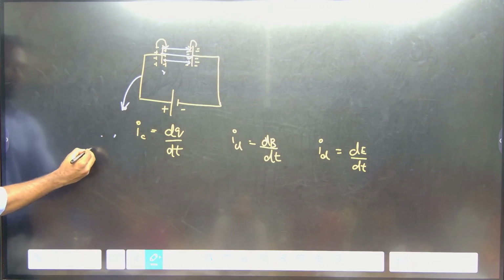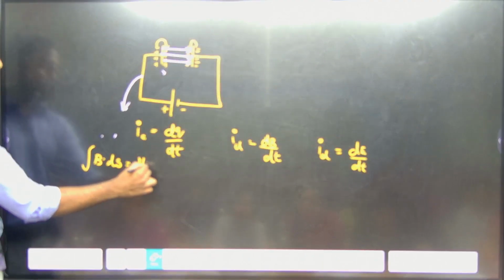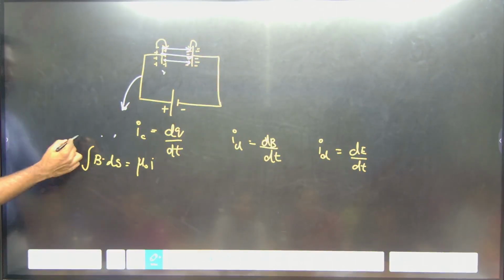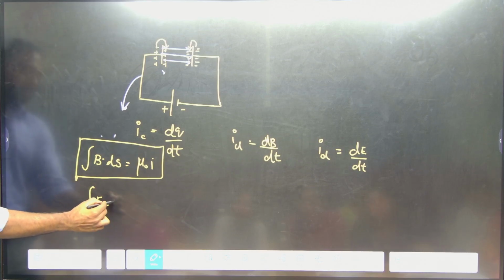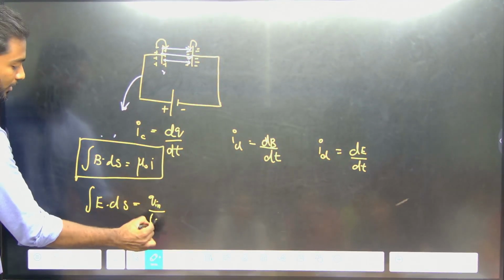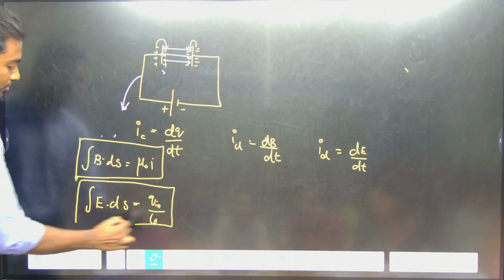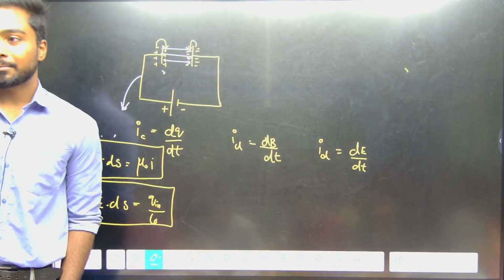It is integral of B dot ds equals mu naught I. This is Ampere's circuital law, and integral E dot ds equals Q in by epsilon naught. This is Gauss law. Take down the electric field and the magnetic field.